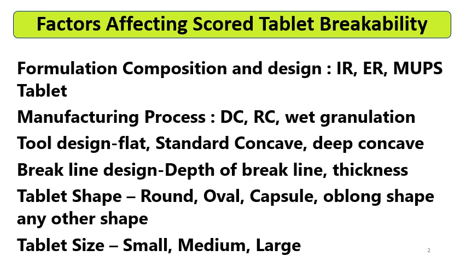Tablet size. If tablets are too small, then you cannot hold the tablet properly, and because of that the breakability may be difficult. So the tablet size affects the tablet breakability and the other testings.